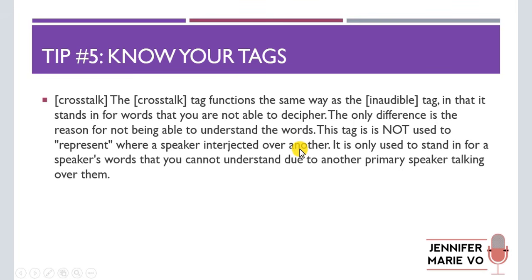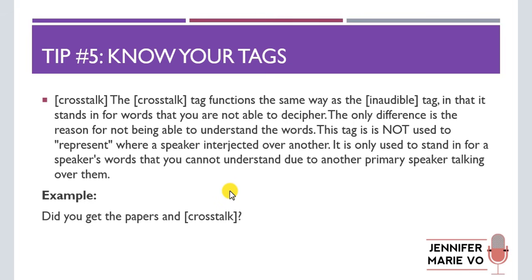It is only used to stand in for a speaker's words that you cannot understand due to another primary speaker talking over them. So, for example, did you get the papers and [crosstalk]? We would put crosstalk when the reason we can't understand what they're saying is because someone is speaking over them or interjecting them. So that's when we're going to use crosstalk.